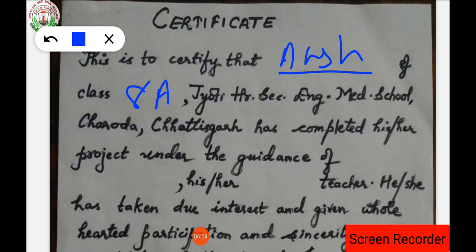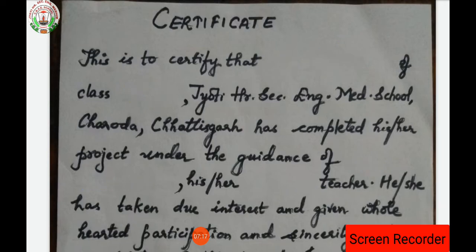Section will be A, B, C, D, whatever. Jyoti Higher Secondary English Medium School, Charoda, Chhattisgarh has completed the project under the guidance of, again, the name of the teacher. Clear? Under the guidance of the name of the teacher, his, her, again the name of the teacher.